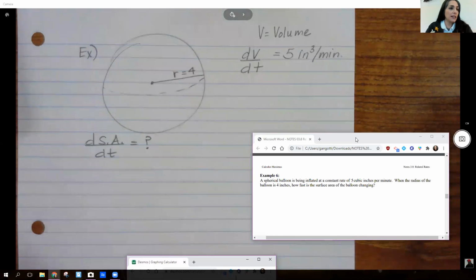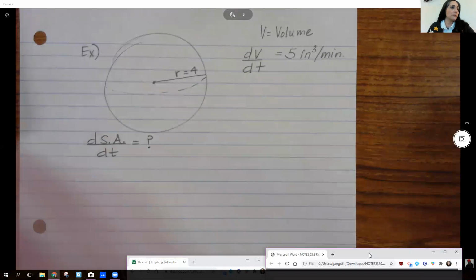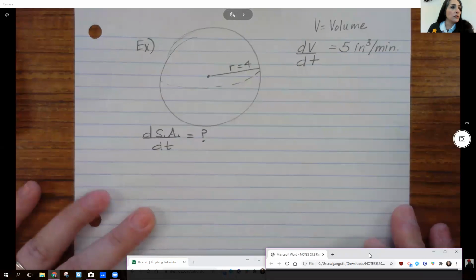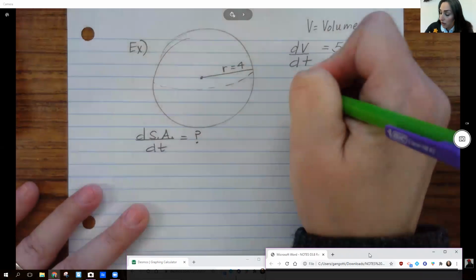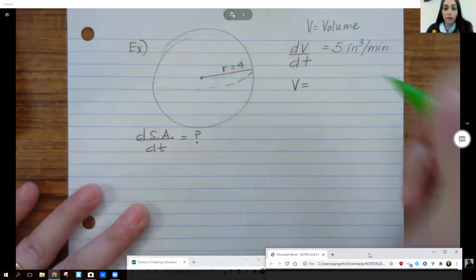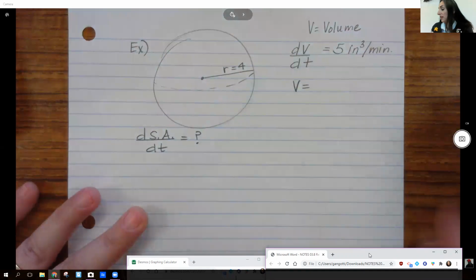So I don't think I need this example hanging out here anymore because it looks like we got everything that we could possibly get from that example. So I'm just going to move this down. Okay, so let's start out with the volume of the sphere, okay? So volume of a sphere, anybody know what that formula is?